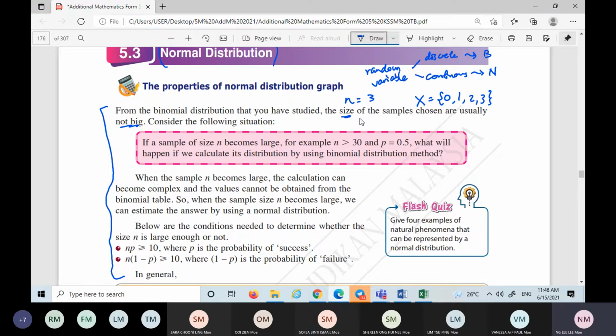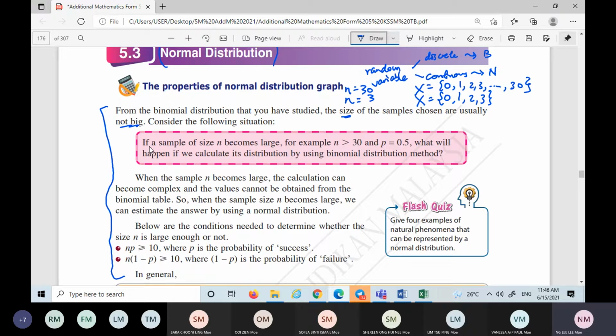Imagine if your n is, let's say here they make it 30. Then your x will be from 0, 1, 2, 3 until 30. You imagine you want to calculate one by one, 31 of these probabilities. It's quite impossible actually.